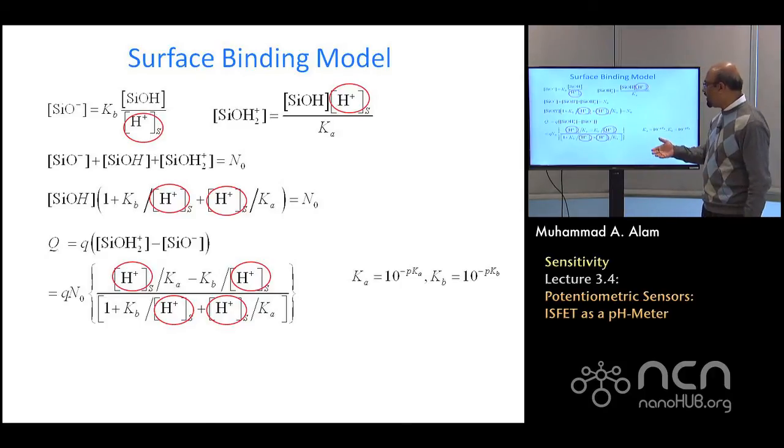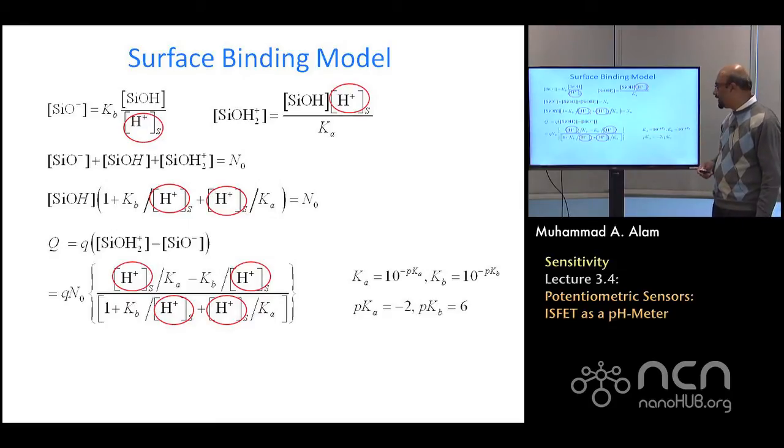Now, often, for the sake of simplicity, people write not Ka, but pKa, as a logarithmic quantity, with a small p up front. And so many times that simplifies the formula. It's something good to know in calculating various quantities associated with pH sensing. Generally, these values are measured.